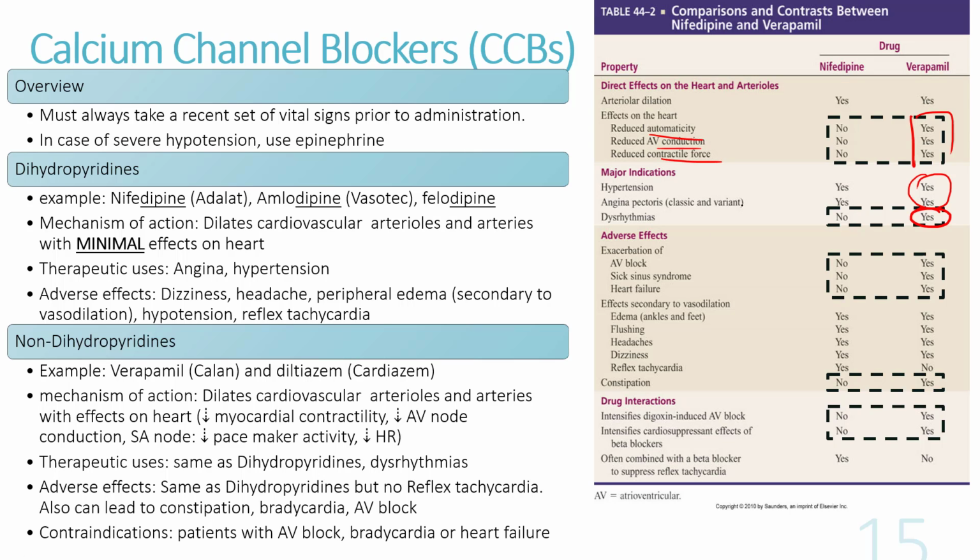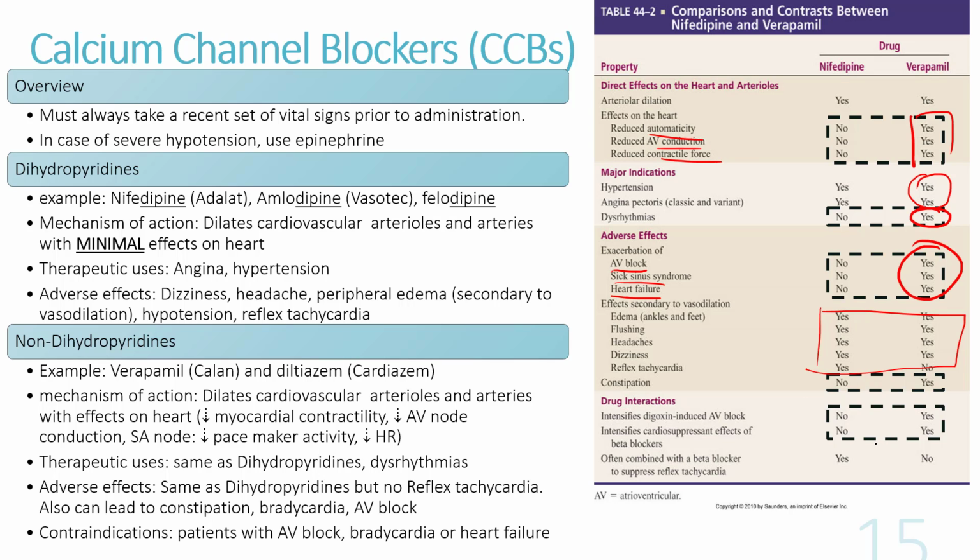All right. Adverse effects, exactly the same as nifedipine, with added adverse effects on the heart, right? Because it can actually make the AV block worse. It can cause heart failure, and it can make heart failure worse, and it can make the sick sinus syndrome worse as well.